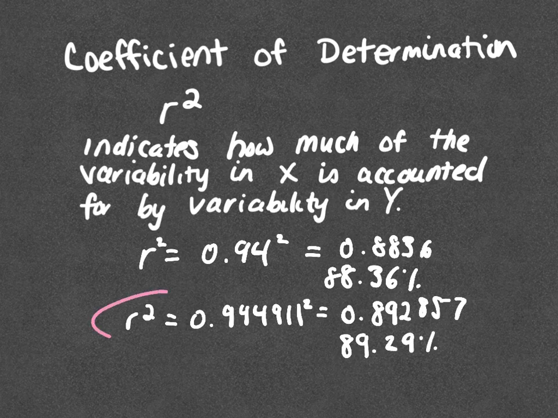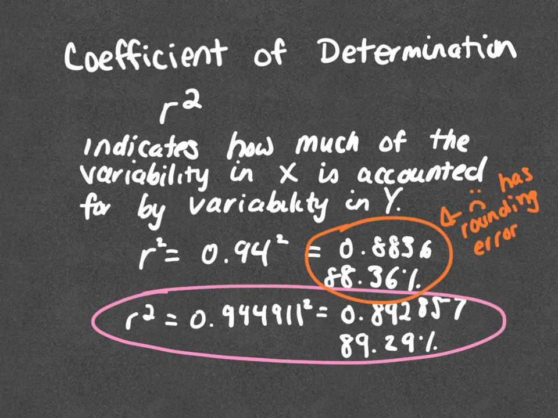This is the preferable answer because it's more accurate. So this would indicate that if I know about x, then I know about 89.29% of what's going on with y. This is known as the coefficient of determination. That's how much of y is known using x.